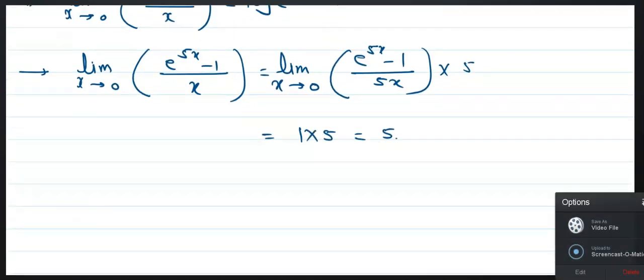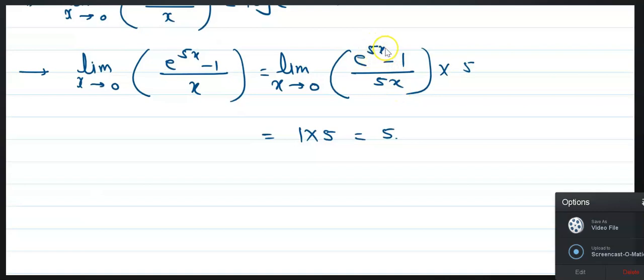There is one more example for the explanation of this formula. Limit x tends to 0, e raised to 5x minus 1 upon x. But we have the standard result, e raised to x minus 1 upon x.